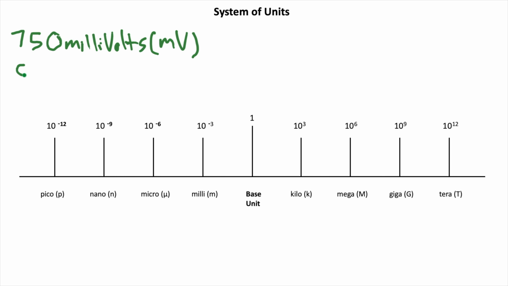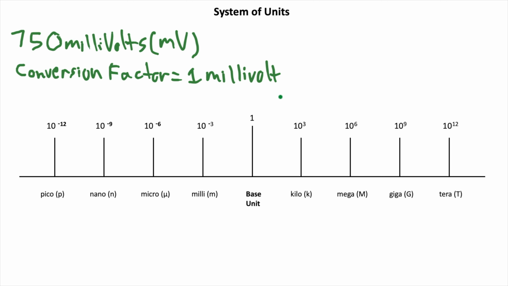So I actually like to write this out sometimes. So my conversion factor is equal to 1 millivolt is equal to, let's keep our symbol in here actually, 0.001 volts.